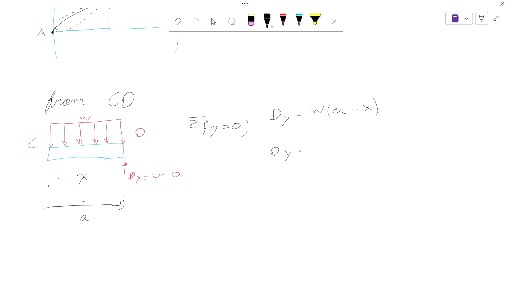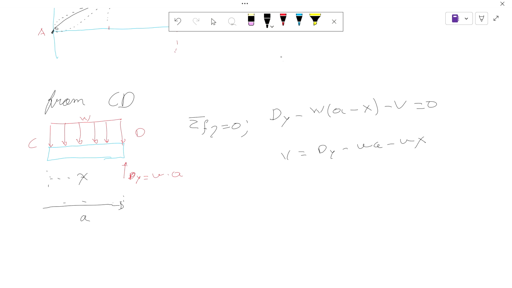So D is equal to, well, of course, minus V equals 0. Actually we want to find V. So V is equal to D minus WA minus WX.